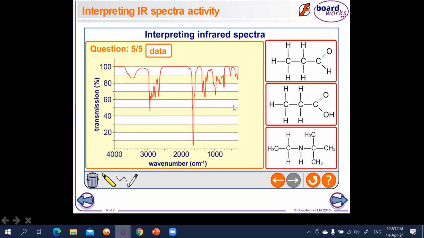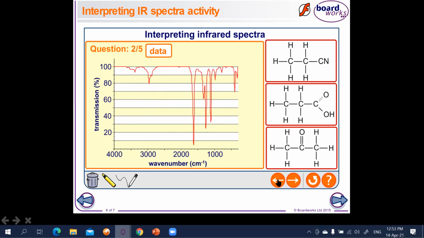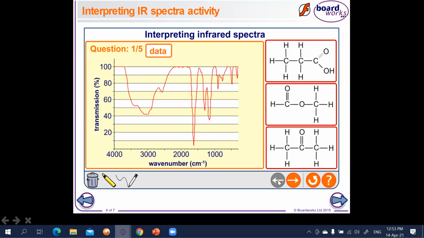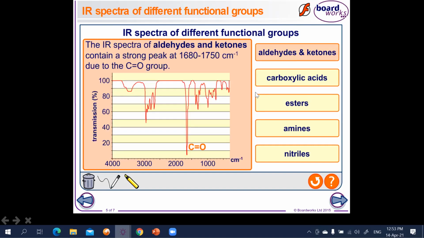Before we come back to these 5 problems, let's go back to how they really look when you see the IR spectrum diagram. For aldehydes and ketones, usually you're going to have a very strong peak here.